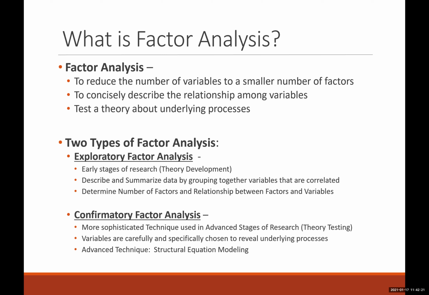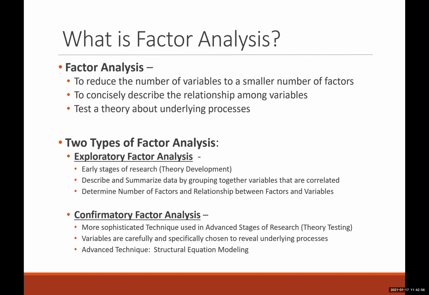This is the one where you have an underlying theory and you're testing to see if it works or not, trying to get an initial idea of what's happening through the initial evidence-based manner. This is descriptive in nature. I can't get to causality through exploratory factor analysis. It's just trying to see where these variables fall within the components, within the factors, determining the number of factors, and then interpreting the relationships between the variables and the factors under which they fall.